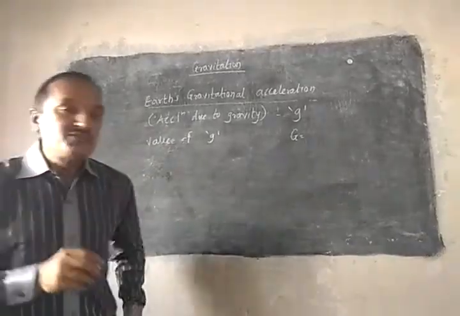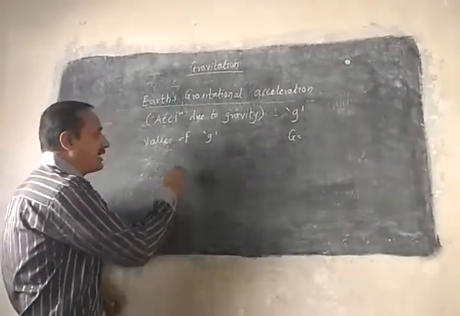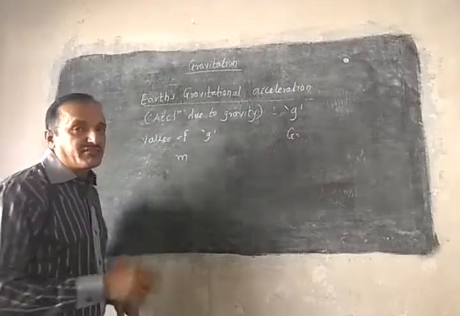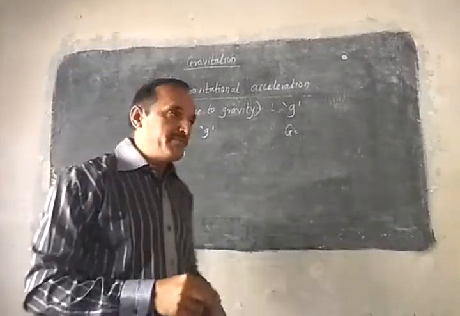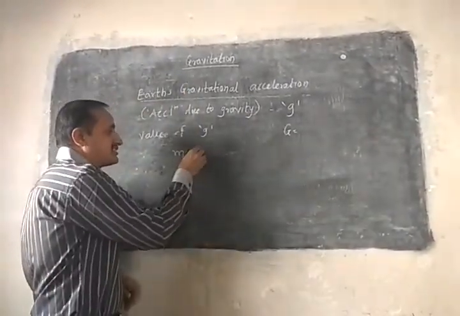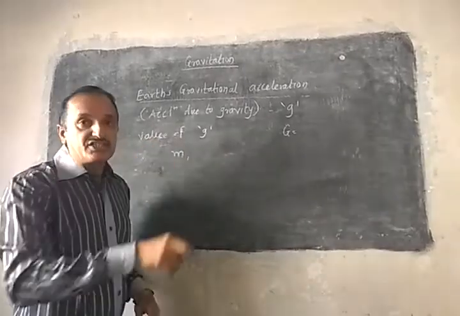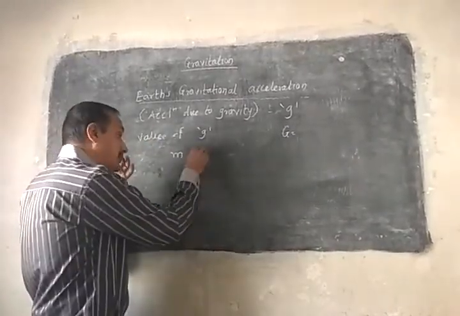Suppose one object is there and its mass is small m. It is on the Earth's surface.